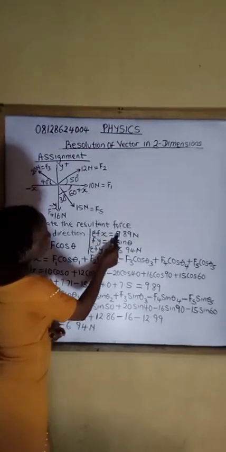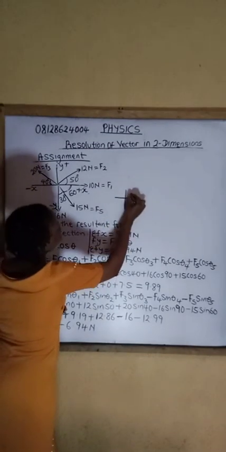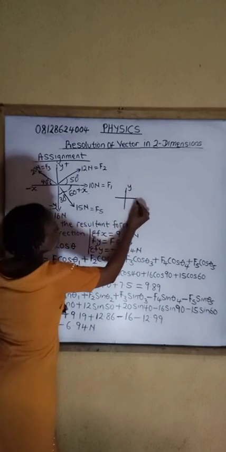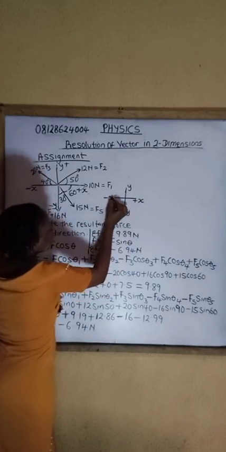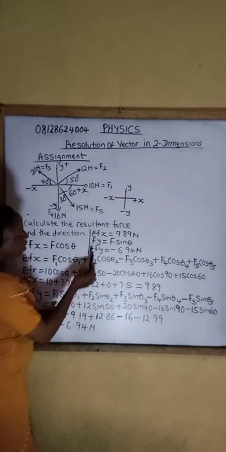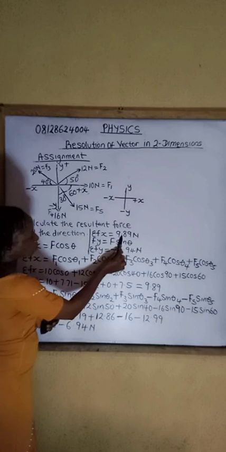Now, our fx, I will use 4 cardinal points. This is y, this is positive x, this is negative y, this is negative x. So our fx is positive.